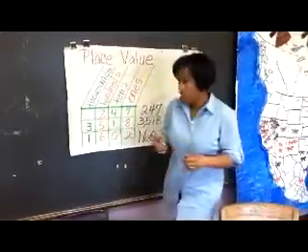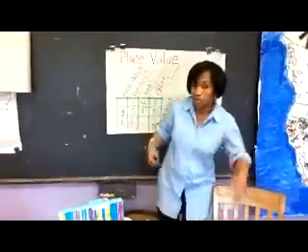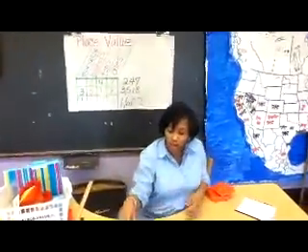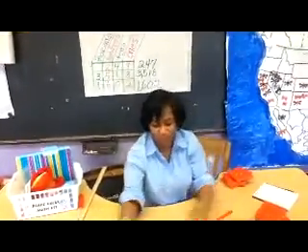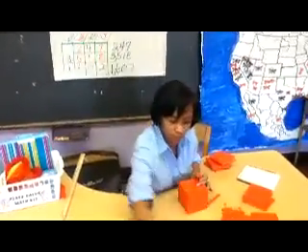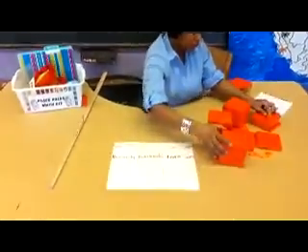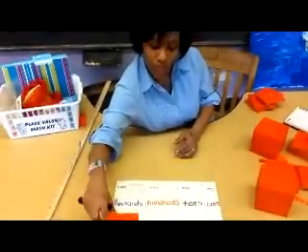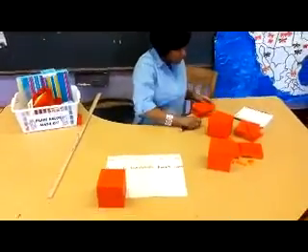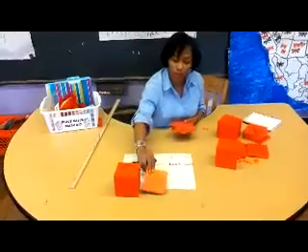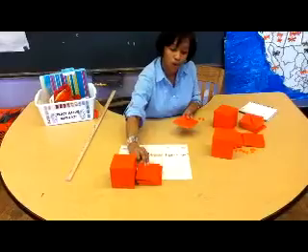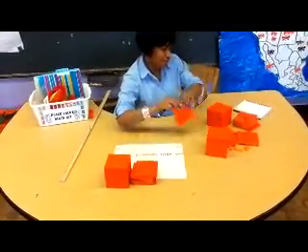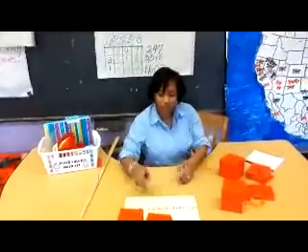Let's put this number into real life in our place value chart using cubes. 1,000. 600s. 1, 2, 3, 4, 5, 6. 600s.